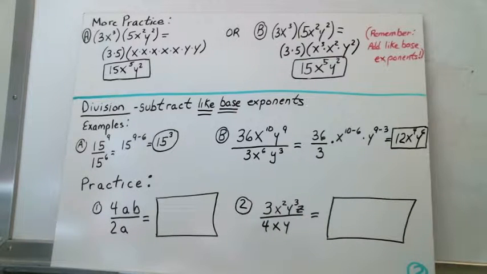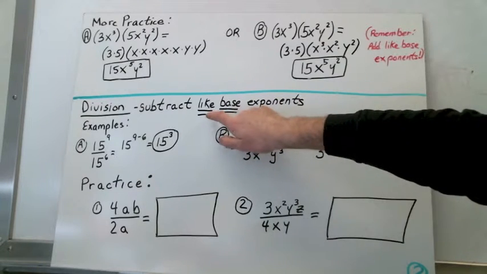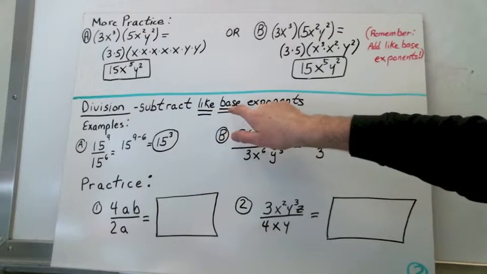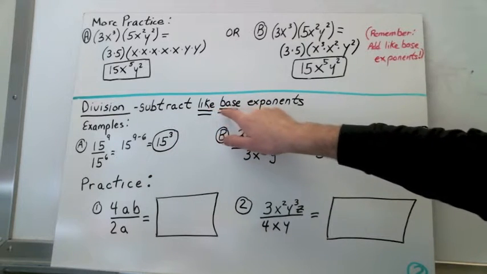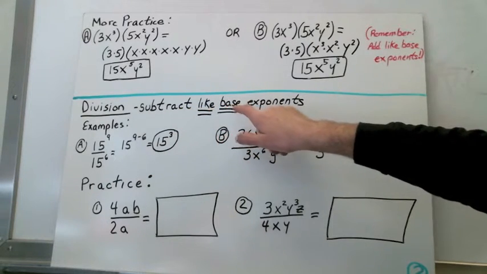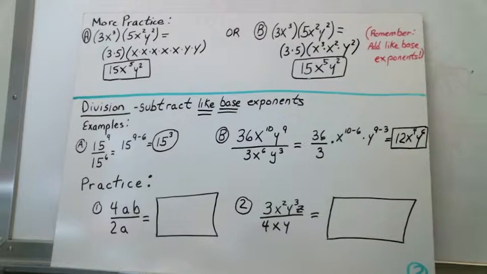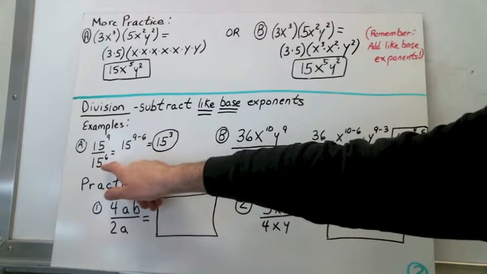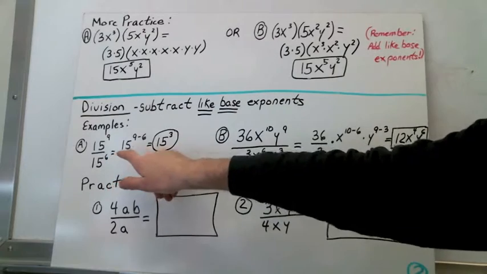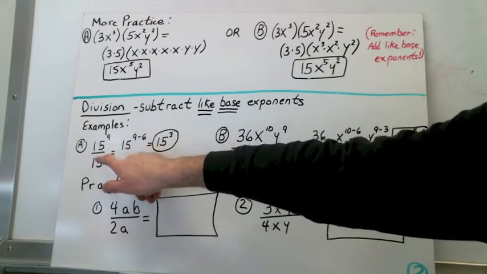When we're thinking about division, when you're working on a division problem, once again, we're looking for like bases. So when we are doing division problems and we have like bases, we subtract the like base exponents. For example, 15 to the ninth power divided by 15 to the sixth power. Well, we have like bases of 15.